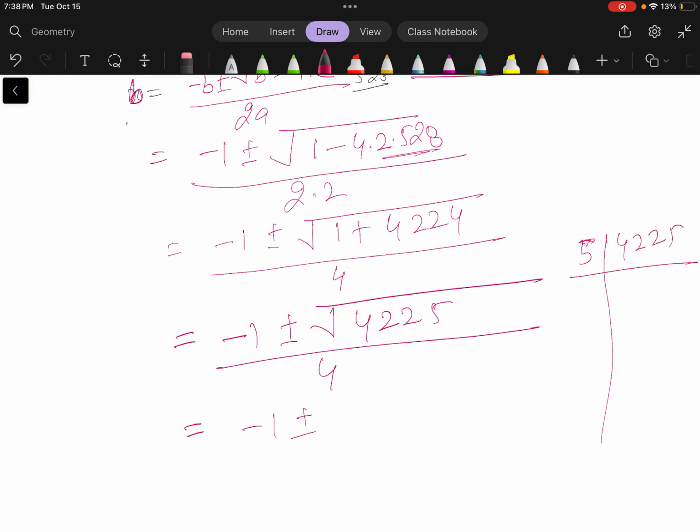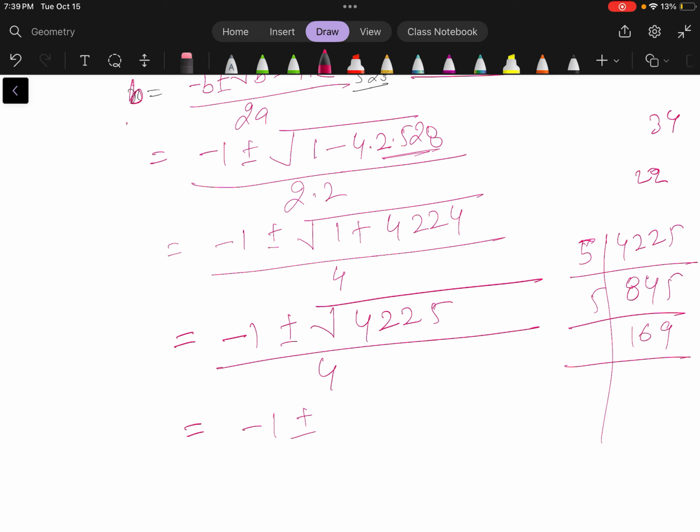First of all you will divide it by 5. 5 8s are 40. You will get 845. 5 4s are 20. 5 5s are 25, again 5. 5 1s are 5, 3 will remain, 4. 5 6s are 30. 5 9s are 45. Then we will get this one.